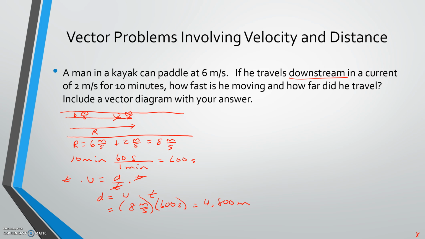So if a man paddles his kayak at 6 meters per second downstream with a current of 2 meters per second for 10 minutes, it would appear like he's traveling 8 meters per second, and he would actually travel downstream 4,800 meters.